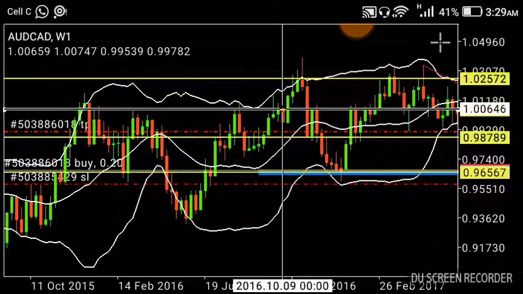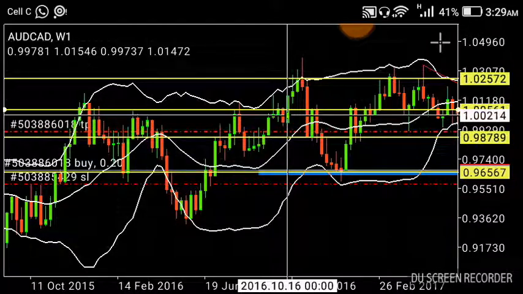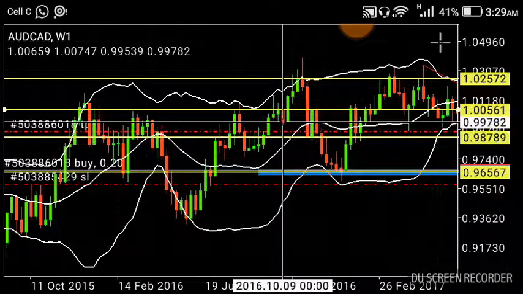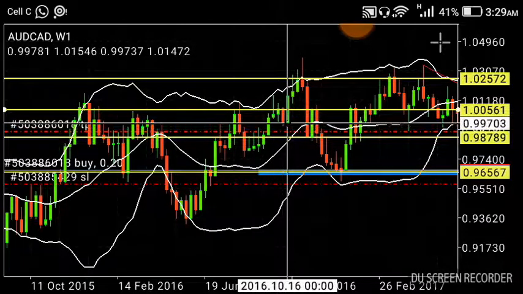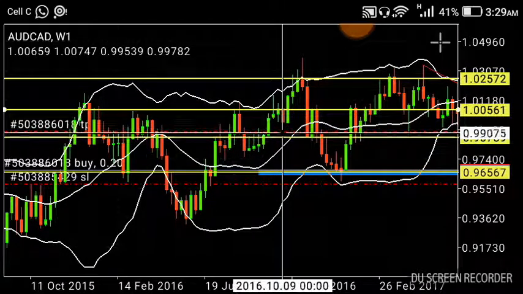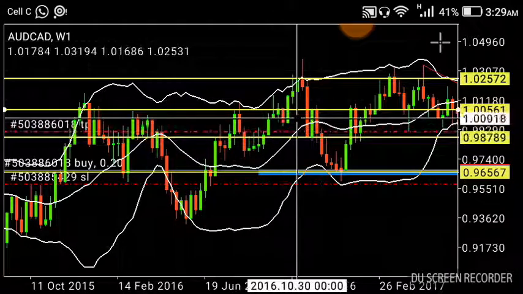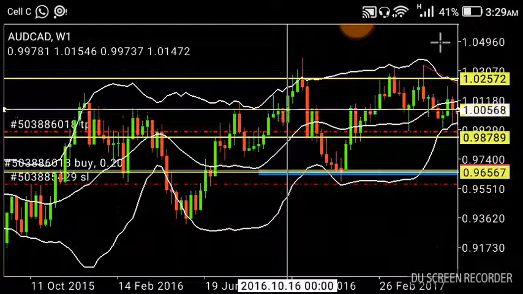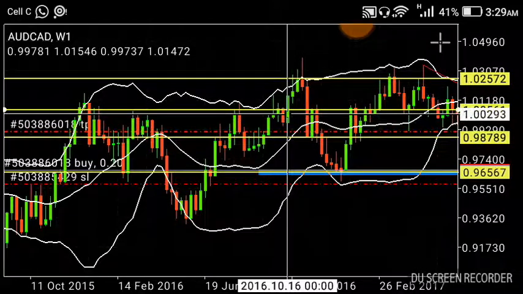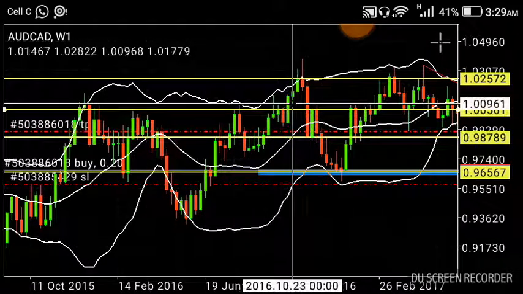But from this point, as you can see, the market did move into profit, so you could have banked a portion of your position there and just put your stop loss to break even and let the trade run. And obviously here your position would have been closed due to this big candle in a trend continuation.